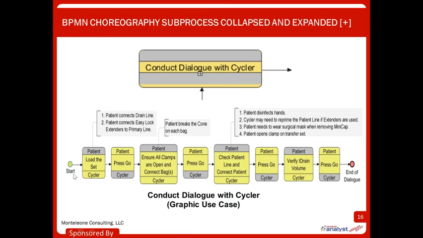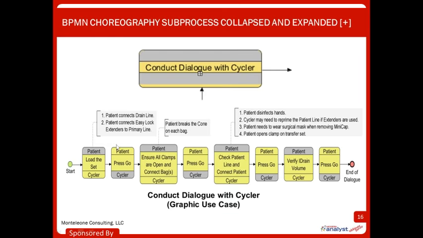We have a cycler that makes a request to load some equipment, connections to the cycler machine, to the patient, and you'll know there's something here connected to it. It has a dotted line. That's called an association.